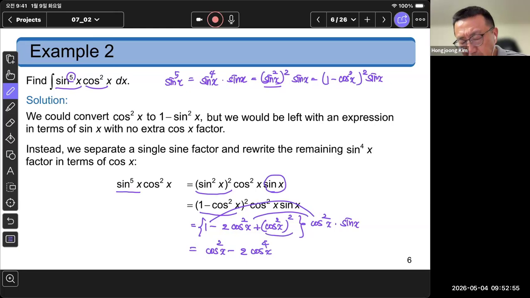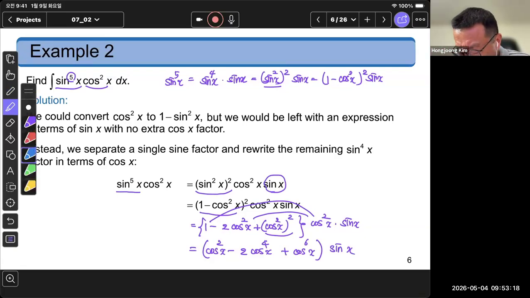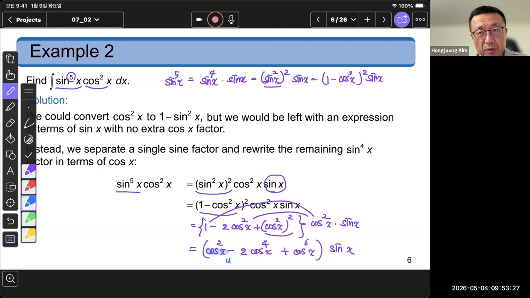And then I have cosine x to the fourth inside the curly braces, and then multiplied by cosine x squared will give you cosine x to the sixth times sine x. And then what is the next step? You replace this cosine x by u. So you introduce u for cosine x.